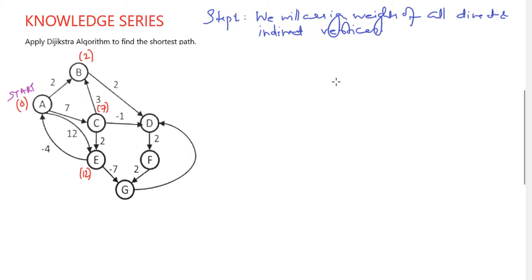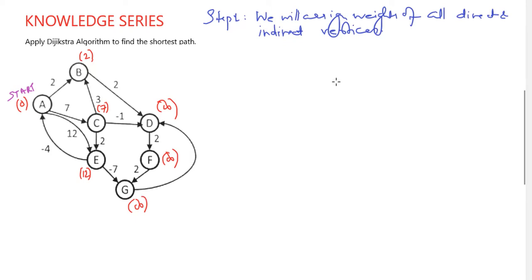Then all other vertices, A to D, it is indirect, so it is infinity. A to F, it is indirect, infinity. A to G, it is indirect, so it is infinity.